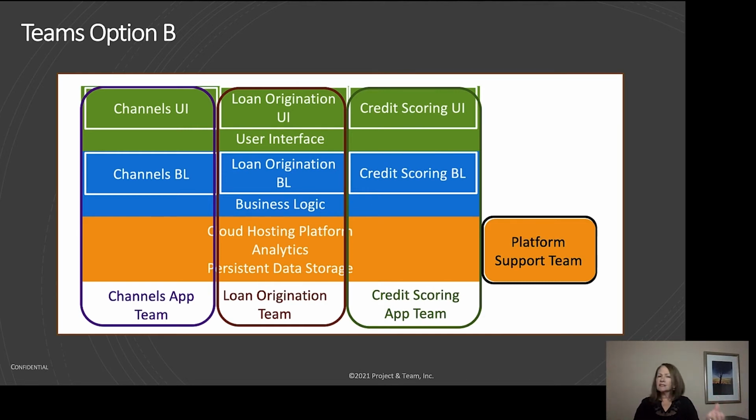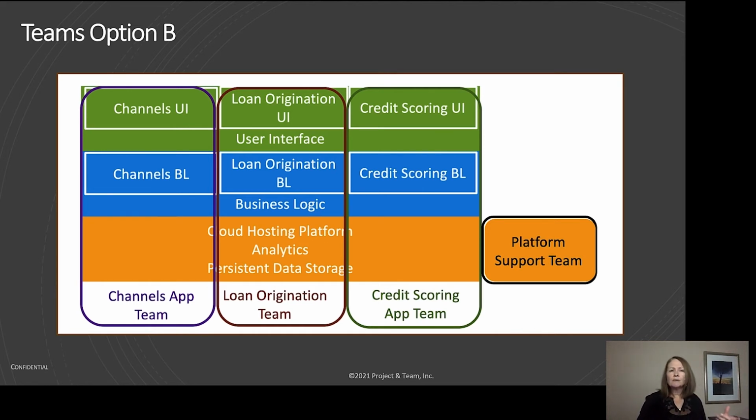The analytics specific to channels? Oh, that makes sense. How do we get these specialists that can deliver and are responsible for the value provided in the channel system and keep those as a cohesive unit? So you see the pattern here. We still need some support for the underlying commonalities, so we pulled that out as a platform support team. Here's option B.